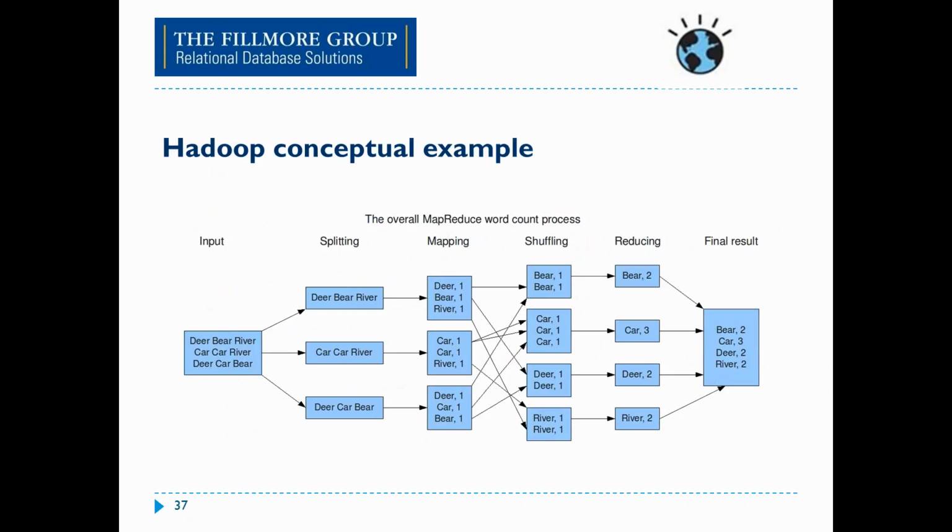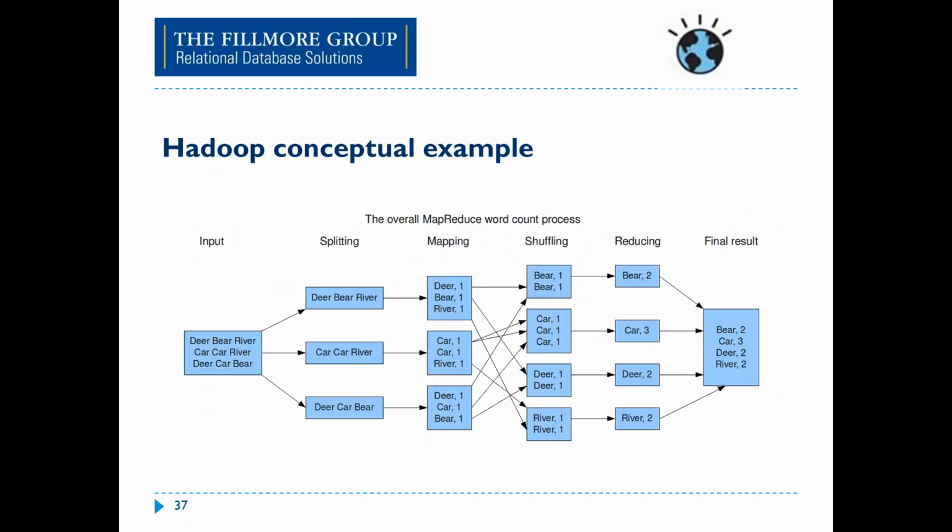So here is a conceptual example of Hadoop. I have as my input the animal words that you see there, or the outdoor words of deer, bear, river, car, etc. The data is split based on the records that are received. The data is mapped so that I see one occurrence of each different word in the row or in the record.